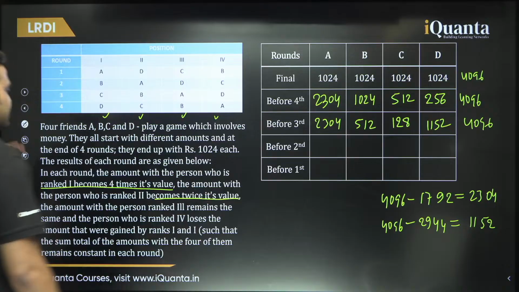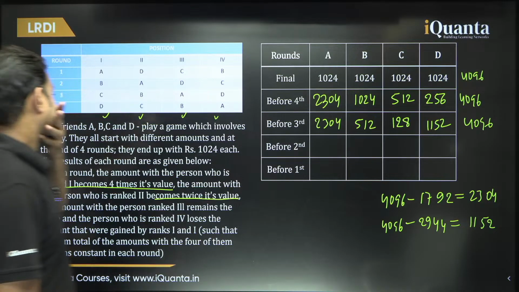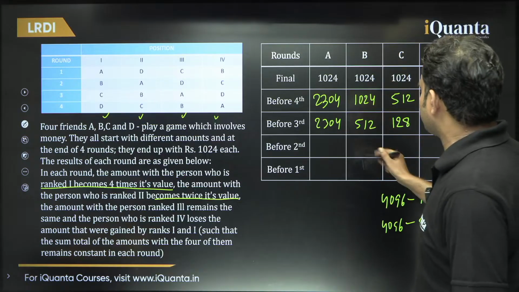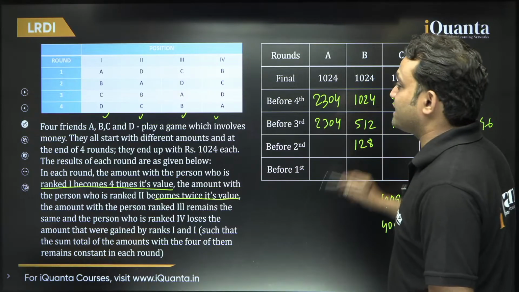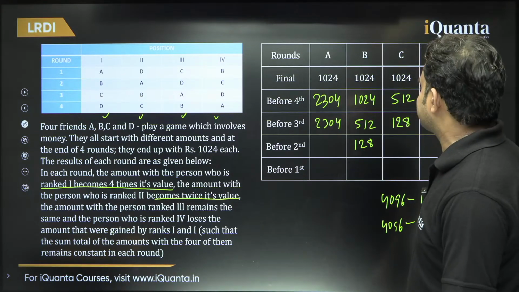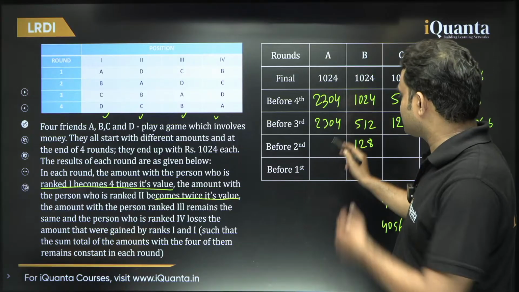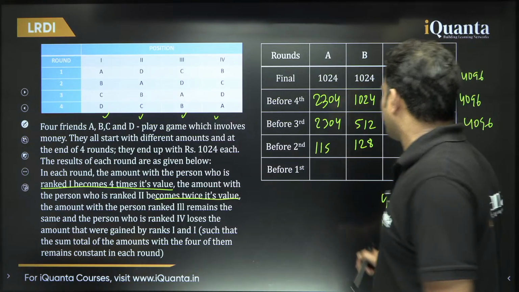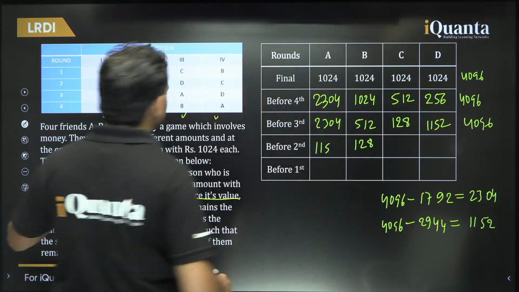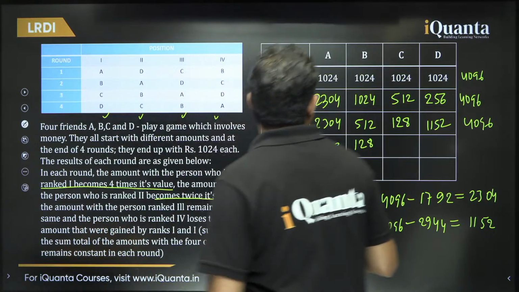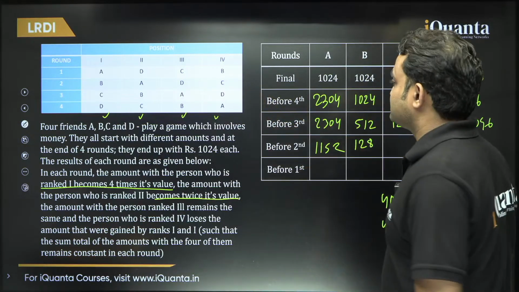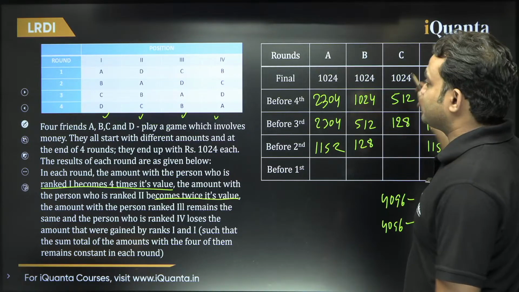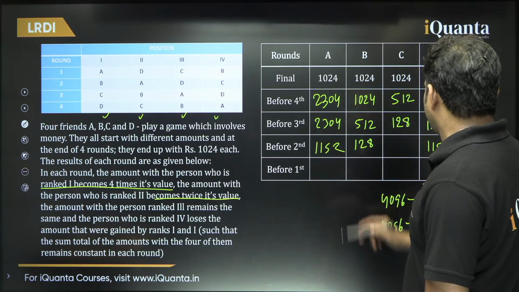We can say in case of the second round, B had first rank, so we divide it by 4. It will become 128. A had second rank, so we take half of this, which will be 1152, right? And in case of D, D had third rank, so it will remain the same, 1152. In case of C, the remaining value we need to calculate.